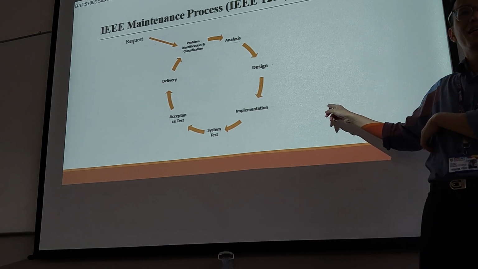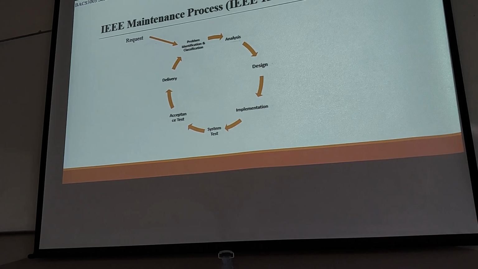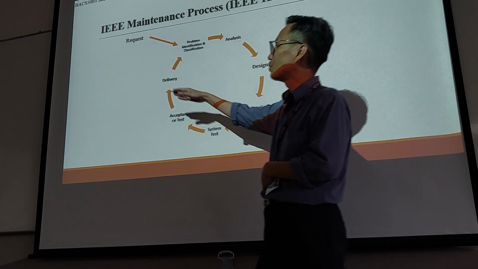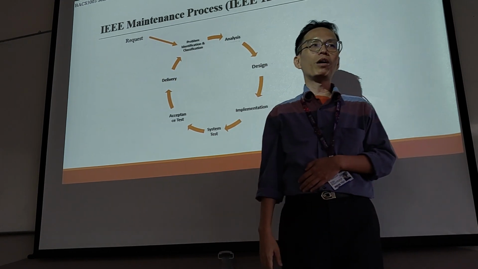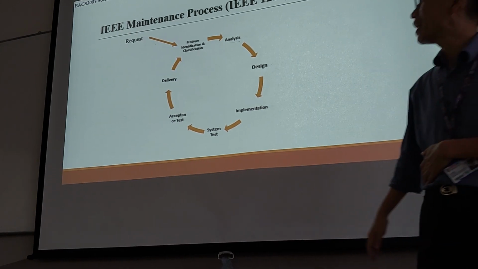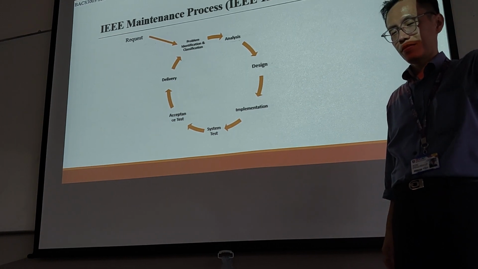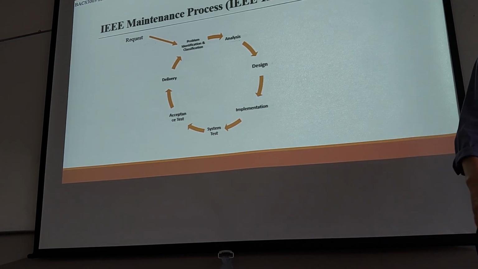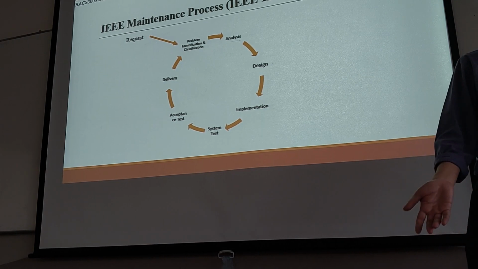Now for IEEE 1219, this is the maintenance process. When there is a change request for maintenance, they start to analyze the problem, classify the problem, or identify the problem. After that, this problem, what is it called? It's a bug, or maybe any other purpose or issue. Then they categorize it.